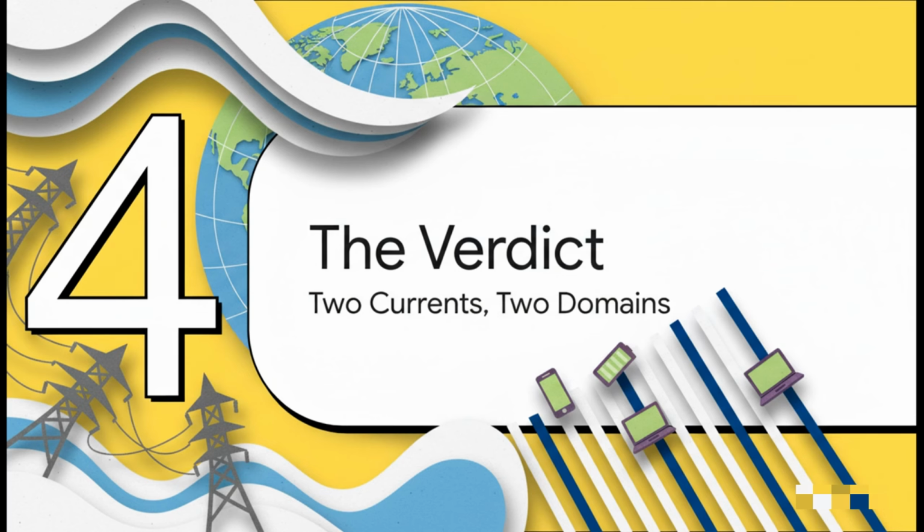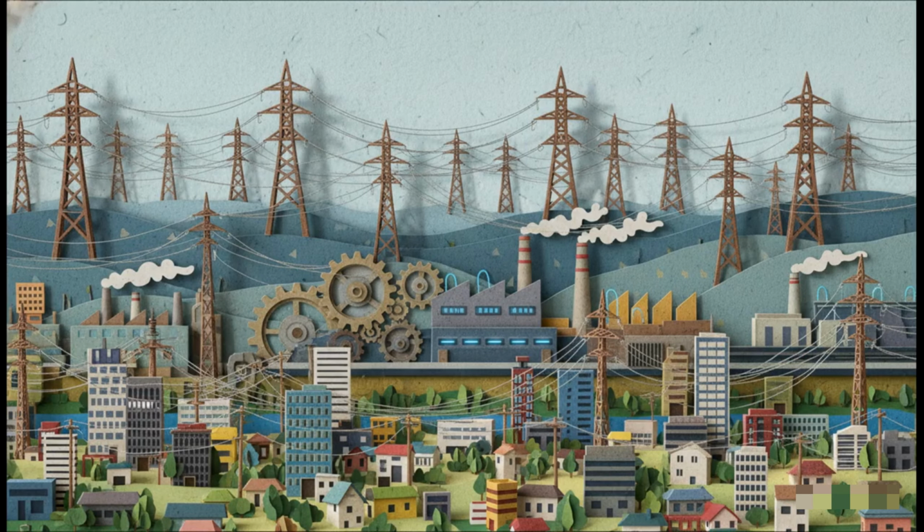In fact, what happened was that this great war ended up creating two separate kingdoms, you could say. Two totally distinct domains where each current is king. So AC totally reigns supreme in the world of big power. Think about it. The national grid, those massive motors in factories, all that heavy-duty equipment, and of course, the power flowing into your home. Anything that involves moving huge amounts of energy across huge distances, that's AC's turf.